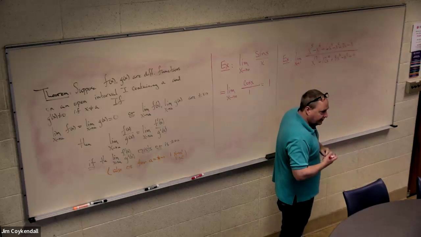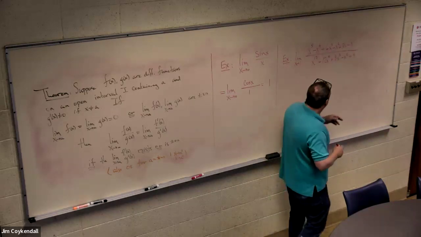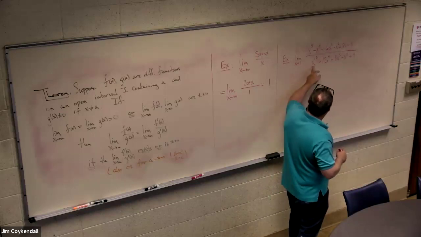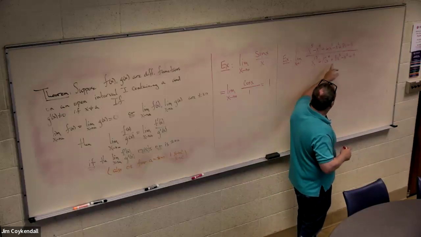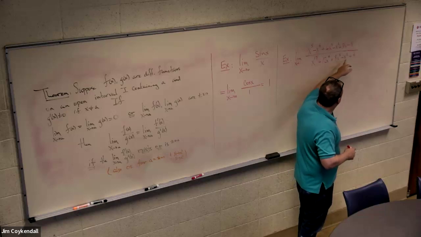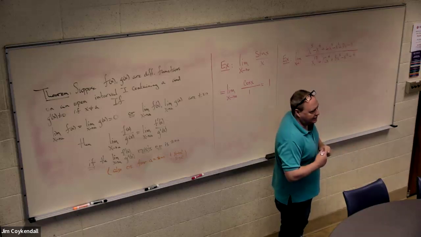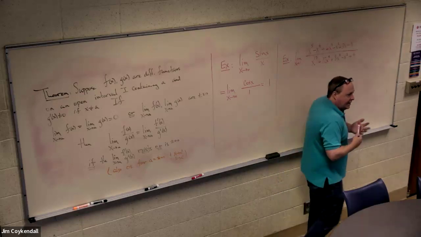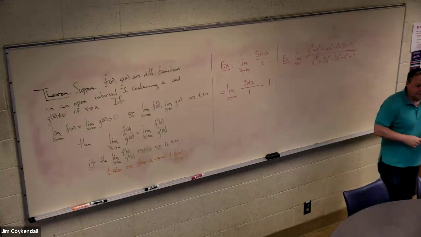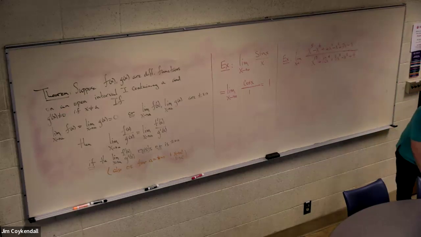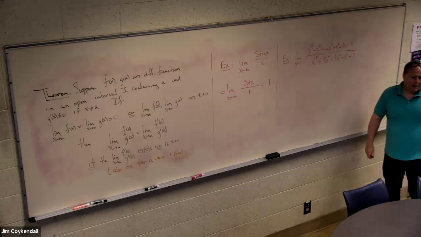Now the bottom: 1 minus 12 is negative 11, plus 8 is negative 3, minus 4 is negative 7. I get 0. That means there's more work. Now, you can do this without L'Hopital's rule. How would you do that? Well, you can factor it, right?